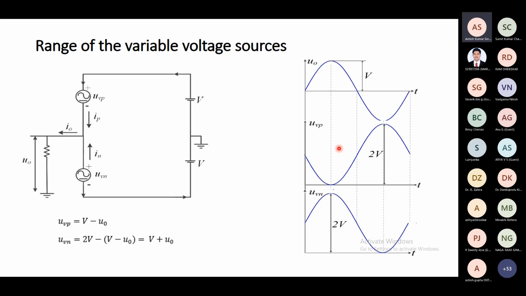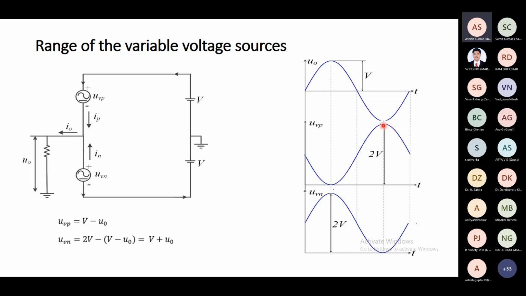Now, the corresponding voltage for the upper arm and lower arm is given here. We see that the upper arm voltage is 0, as I said, when plus V is needed, or we want to clamp the output to the positive DC bus.